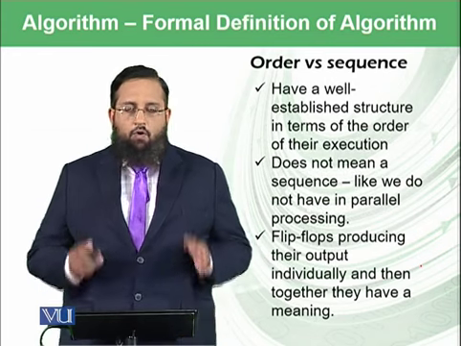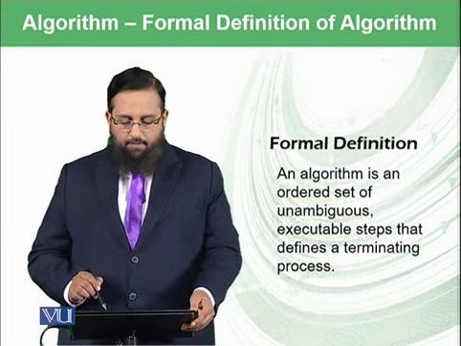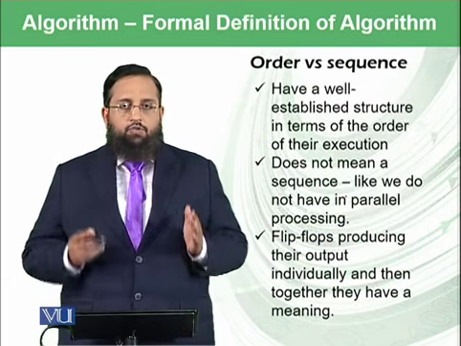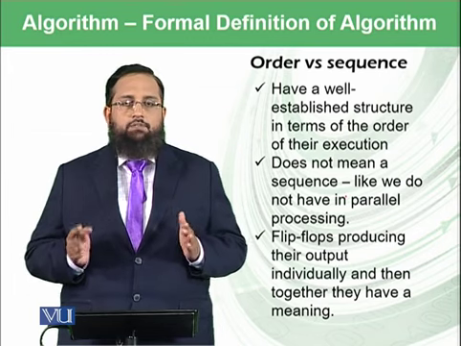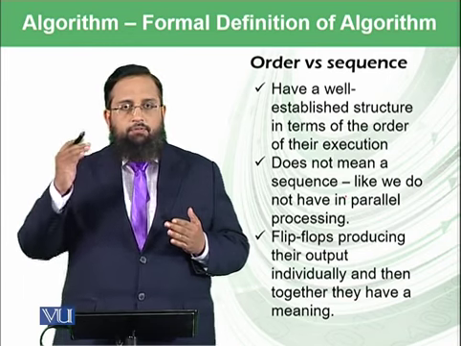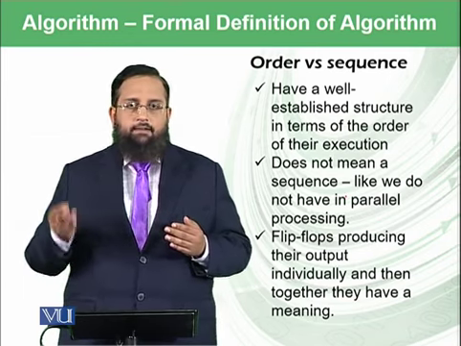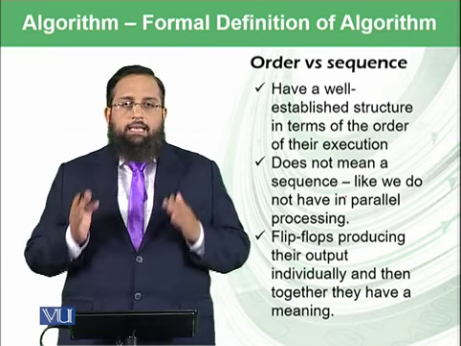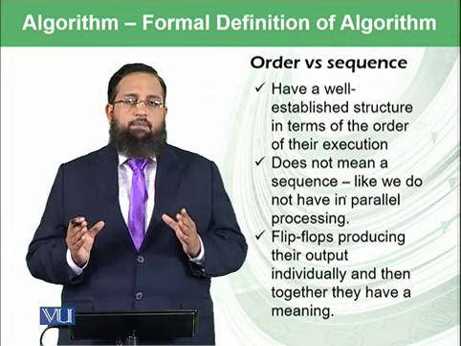First of all is the ordered set of steps. We should understand that there is a difference between order and sequence. Sequence means that these are the instructions, so the first will be executed first, and then second and third and fourth and so on. But in an algorithm we need a structured ordered representation.